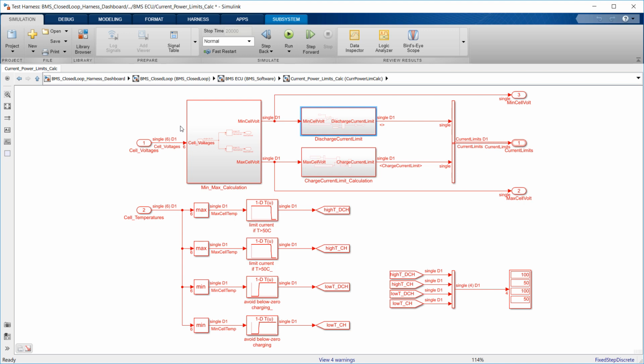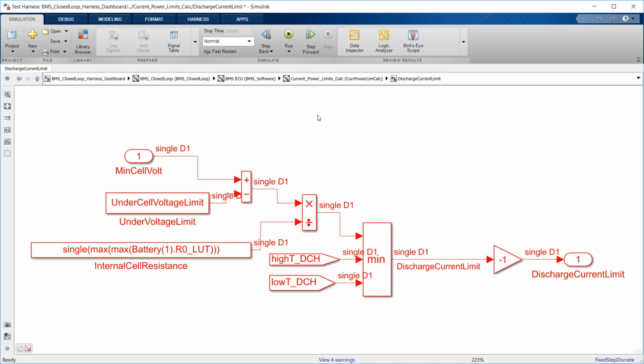Comparing the minimum cell voltage in the module against this lower threshold and dividing it by the maximum internal resistance value calculated for this cell, we compute a voltage-based current threshold.